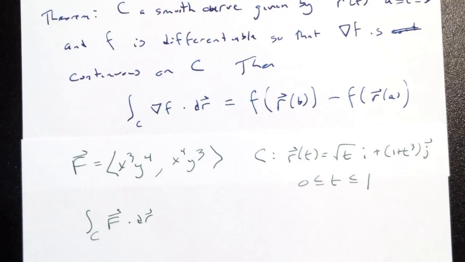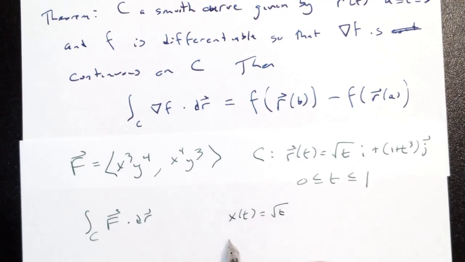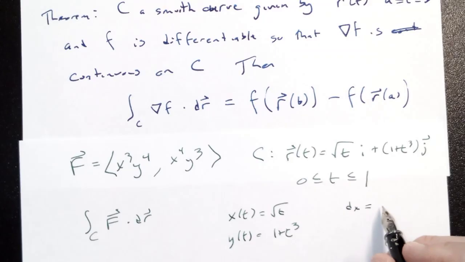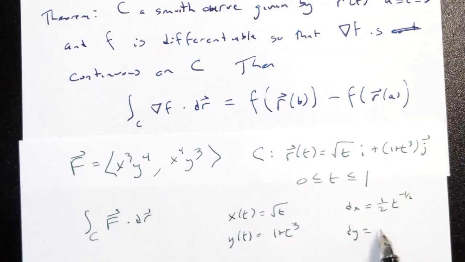I want to know how much work is done. My integral F dot dr, right? Now, I'm the first person to tell you that if we were going to do this the way you did it in the homework, we would have to take x of t is the square root of t. Y of t is 1 plus t cubed. So dx is 1/2 t to the minus 1/2, and dy is 3t squared, right?